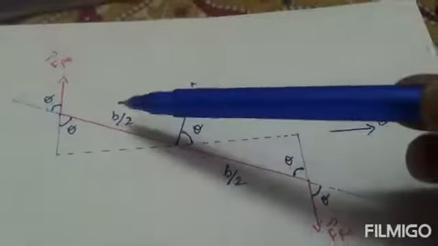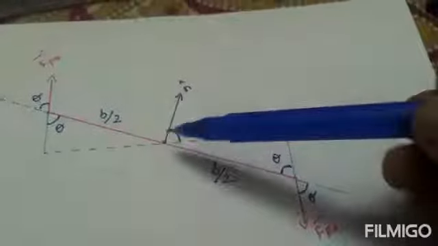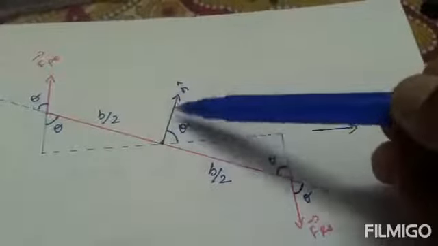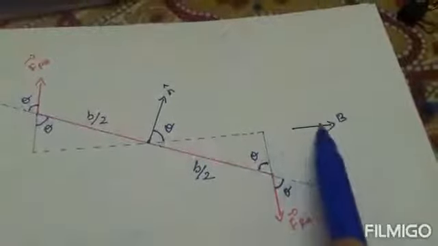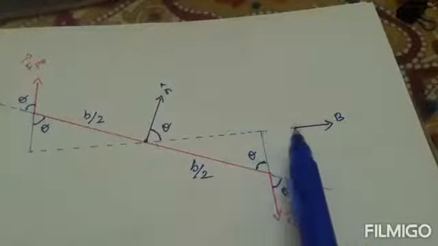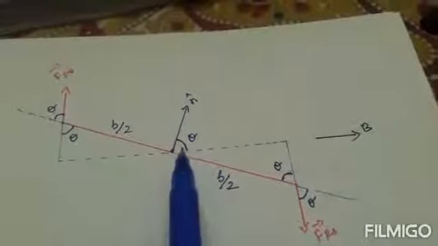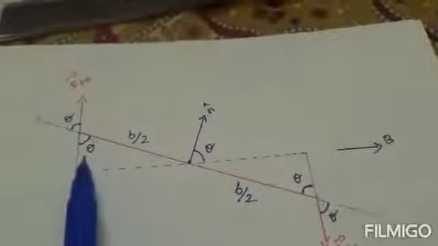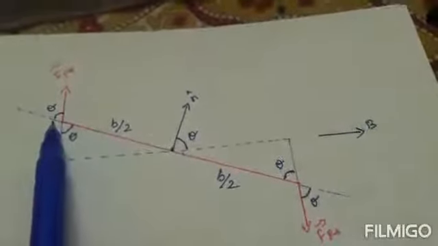I have divided the breadth of the loop into B by 2 and B by 2. At the middle point the normal vector is acting. The normal vector makes an angle theta with the magnetic field, whose direction is here. This angle is theta, therefore this angle is also theta.